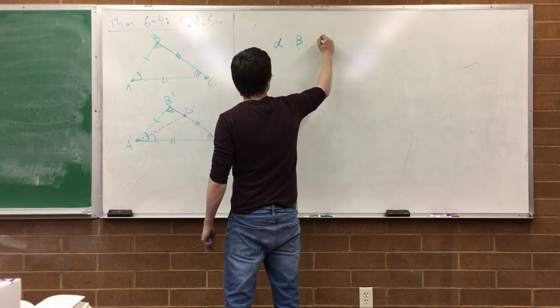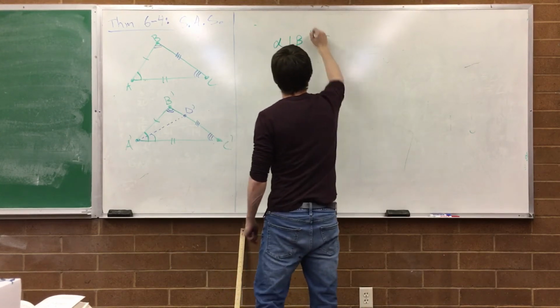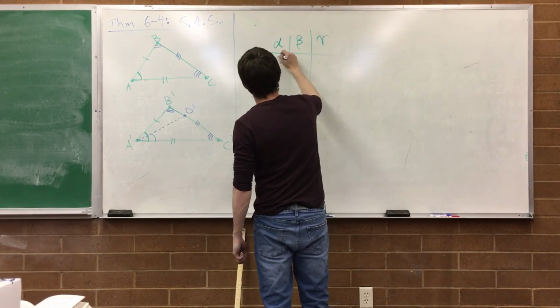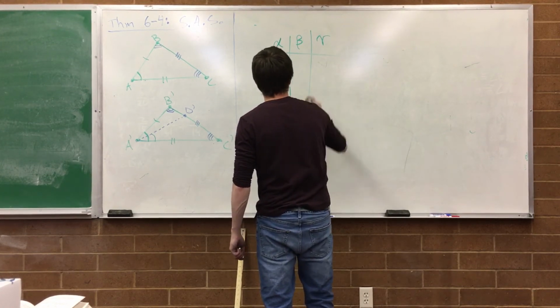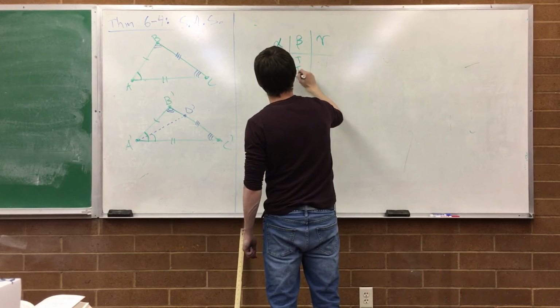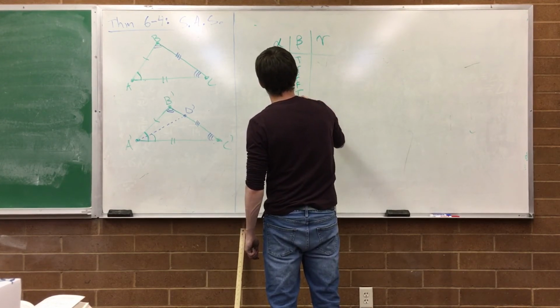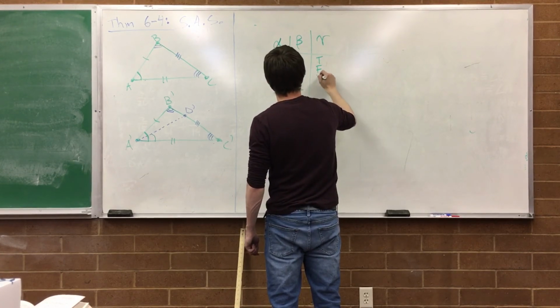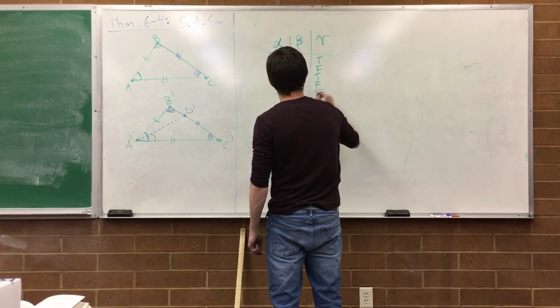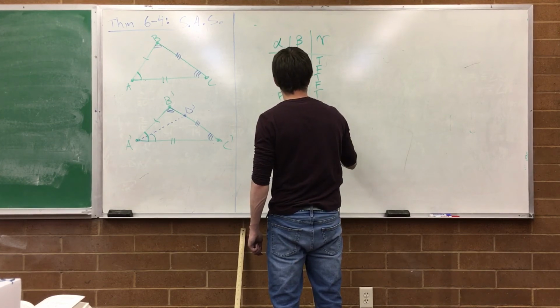Alpha, beta, gamma. We have true, true, true, true, false, false, false, false. We have true, true, false, false, true, true, false, false, and finally alternating true, false, true, false, true, false, true, false.